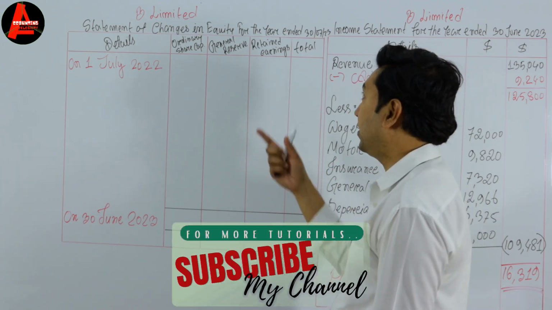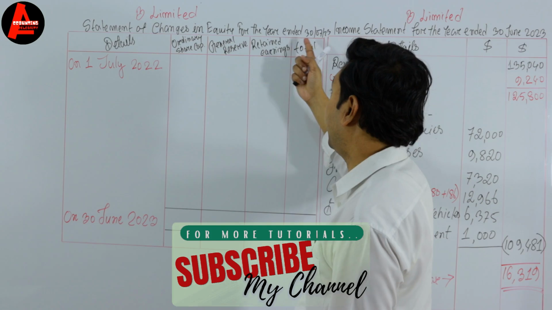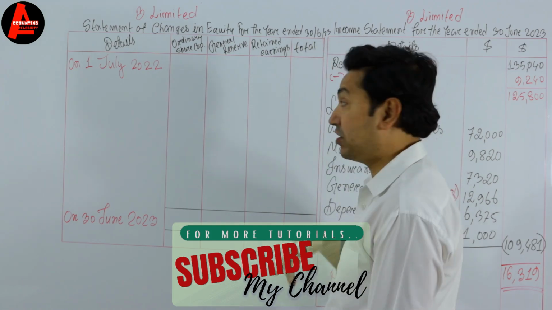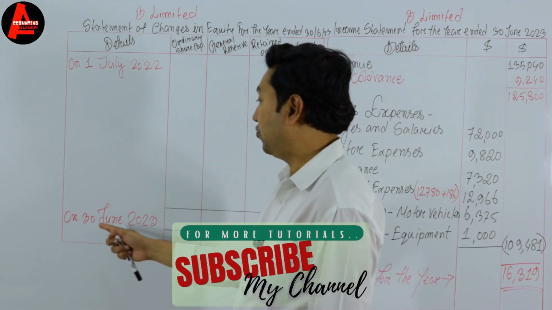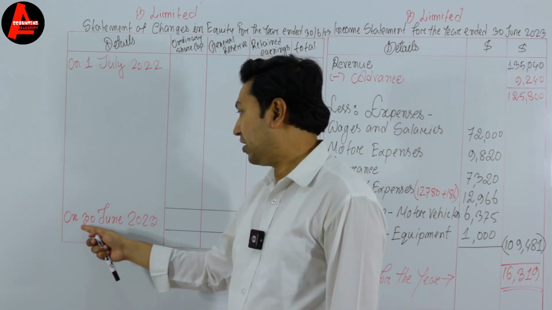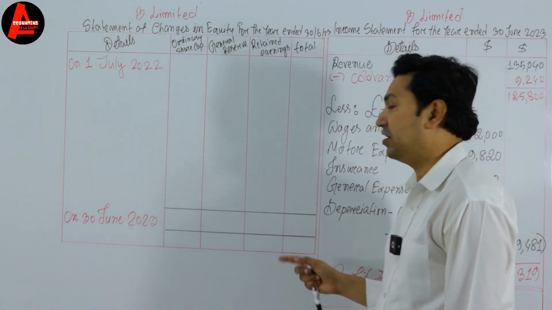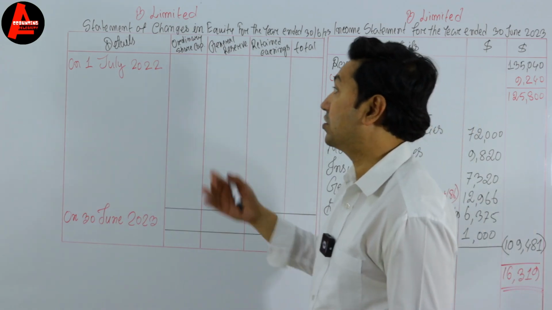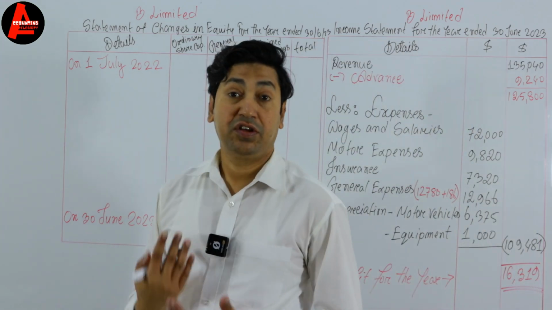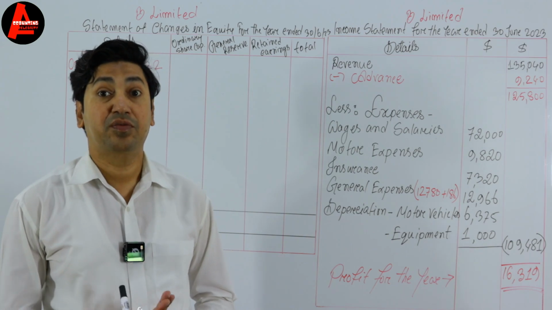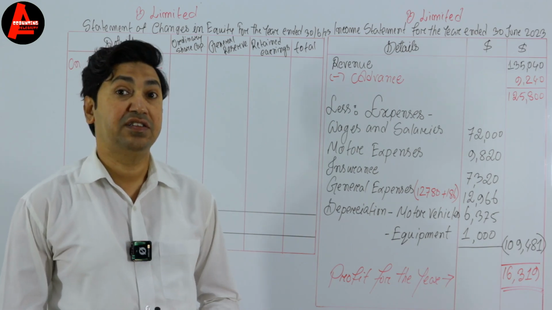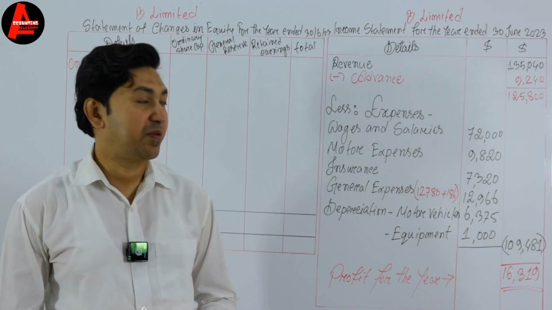We are doing this account for the year ended 30 June 2023, so we will bring down the balance on 30 June 2023 in these columns. First of all we need to write the opening balance. We are doing this question from a 2023 IGCSE accounting past paper.